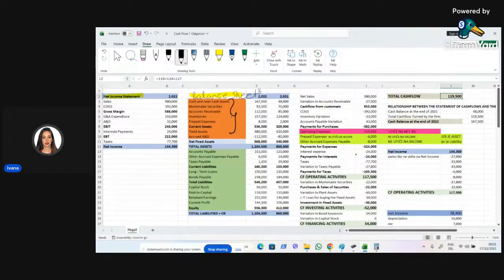Orange color, this one is an asset, and the light green is credit. Actually, it's liability. It's liability and capital.